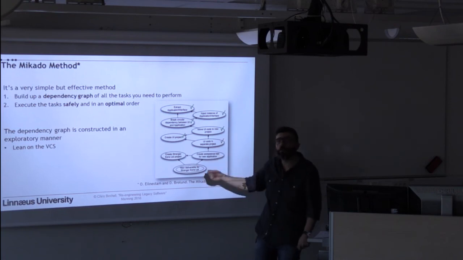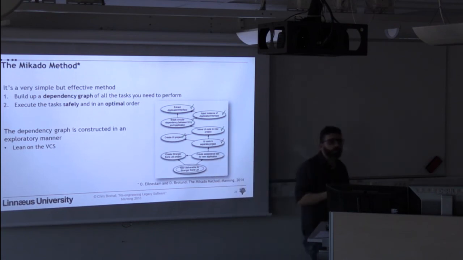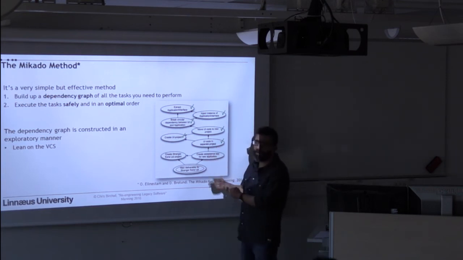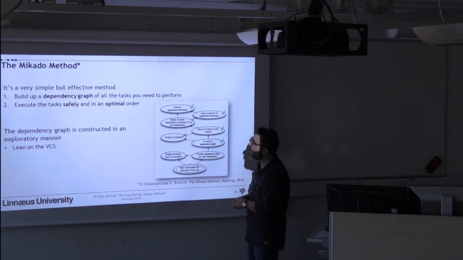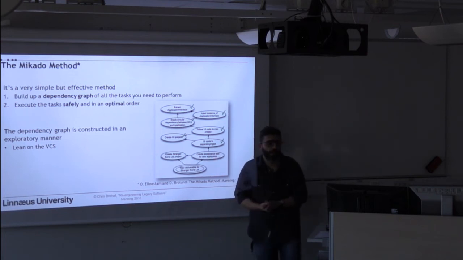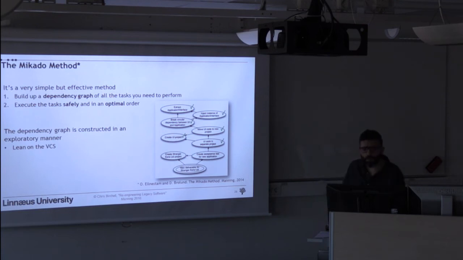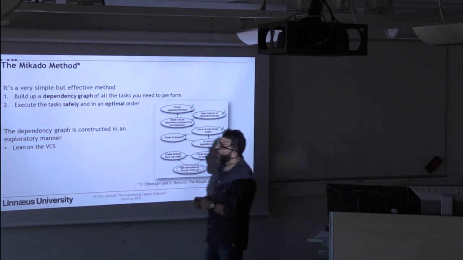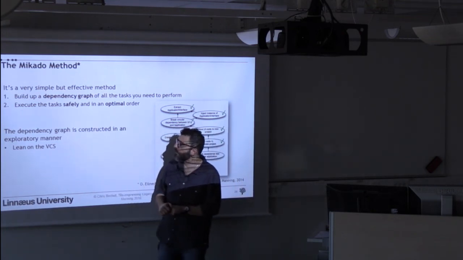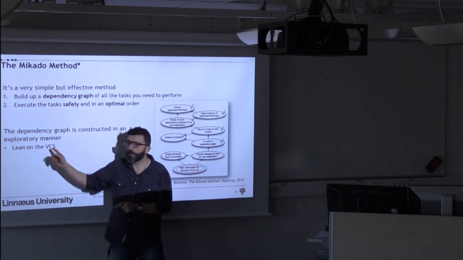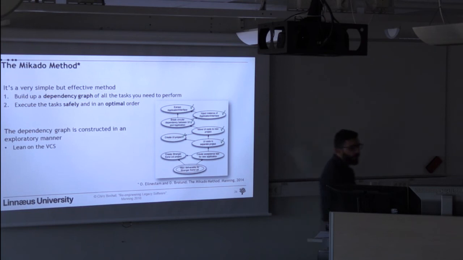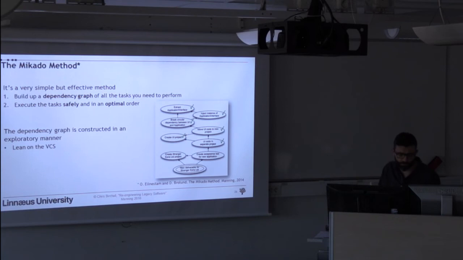That's very easy and intuitive, but it allows you to better understand the sequence of actions that you are taking in order to improve the code base. And still, since this is constructed in an exploratory manner, use this VCS. If something goes wrong, roll back and take a different alternative.